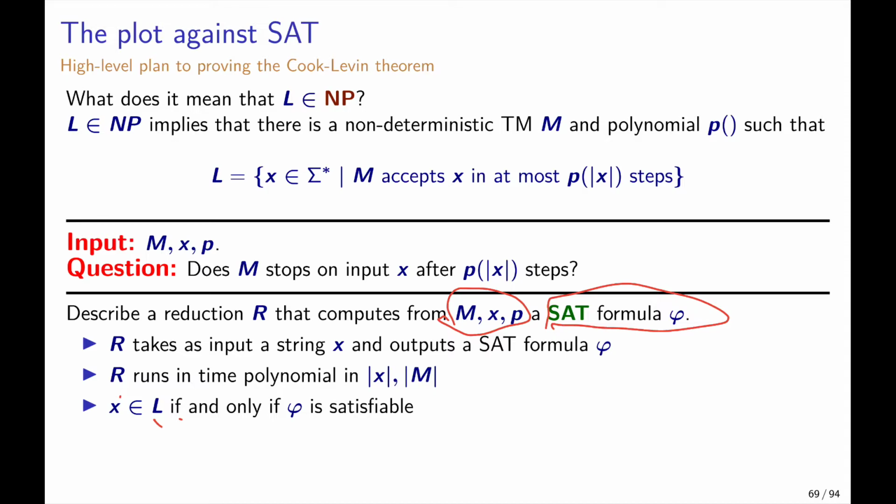The way to think about this formula is that it is essentially going to make sure that there is an execution of the Turing machine on the input X such that the Turing machine stops and accepts X.